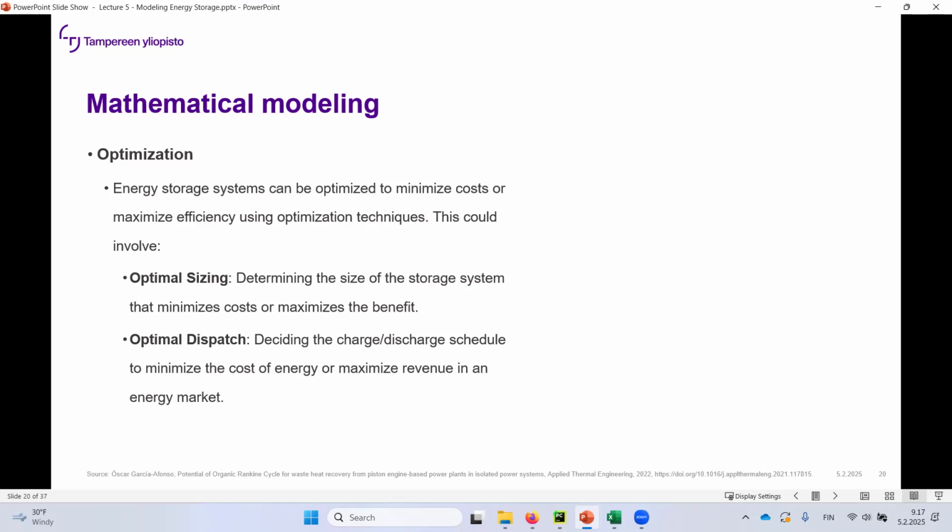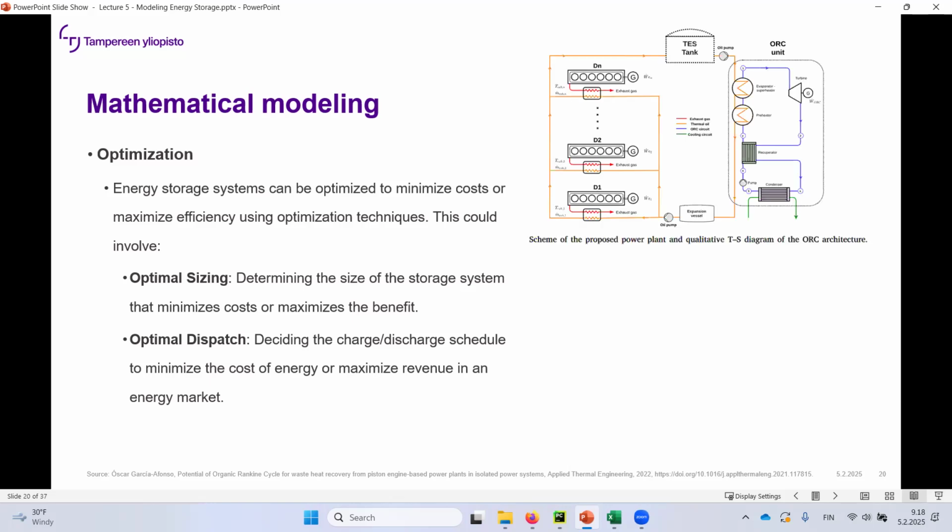This optimal sizing, how big of a battery do you have, can be done before that. But when you've decided that this is my battery, then the environment changes a bit, the electricity price changes a bit, the load or the demand rather changes a bit. Then you have to start talking about the optimal dispatch. And usually that's something where you can utilize a lot of different kinds of algorithms, and there's no easy way to do that.